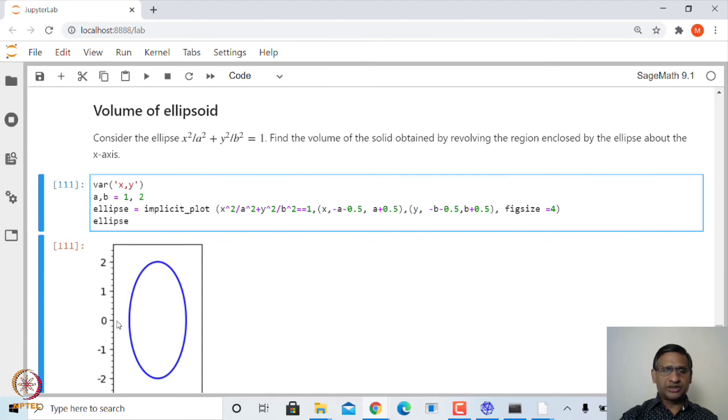Now, if you take the upper half ellipse, that can be obtained as y square upon b square is equal to 1 minus x square upon a square. Therefore, y square will be 1 minus x square upon a square the whole thing into b square, and then y will be the square root of that.